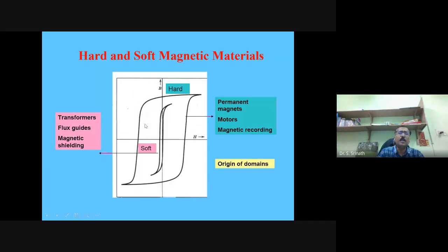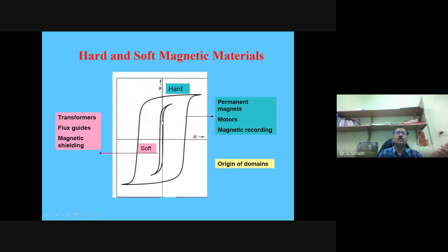What are the applications? Soft magnetic materials are used in transformer cores. You want to use an AC field in a step up or step down transformer, and the area under the curve in an AC cycle refers to the magnetic loss. That energy is liberated as heat.